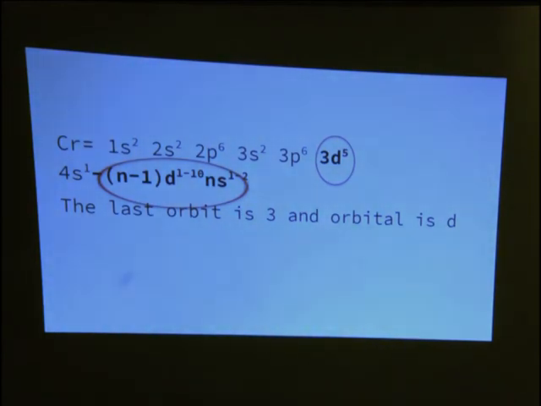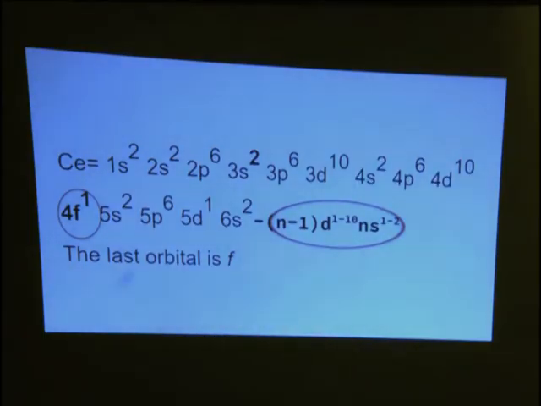So for d block, what you have to know is the last electron will be entering the penultimate shell rather than the last subshell. By looking at this, we can clearly say that chromium belongs to d block and to period number 4. Let us look at cerium here.